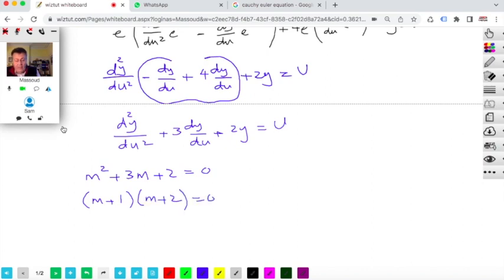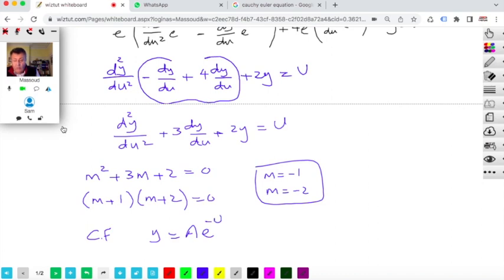And that will give you two m's: m equals minus 1 and m equals minus 2. So our complementary function will be y is equal to a e to the power of minus 1 u, where the variable here is u, plus b e to the power of minus 2u.